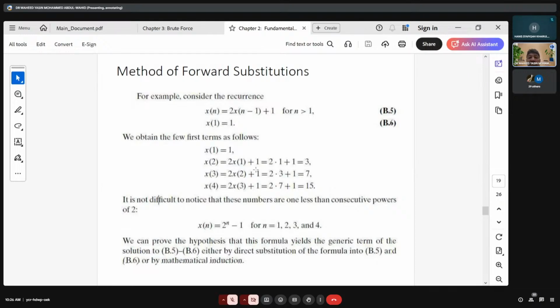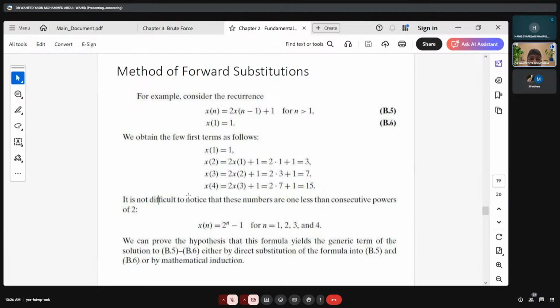What is xn minus 1 here? x1 is 1. Here 2 multiplied by 1 plus 1 is 3. So x2 is 3. Now x3 equals 2 multiplied by xn minus 1, which is 7, so 7 plus 1 is 15.